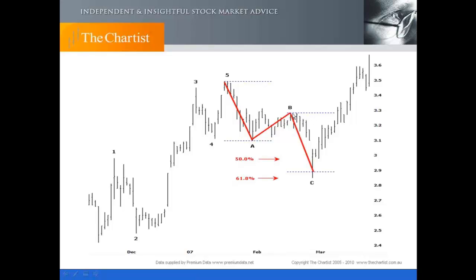Absolute cracker, perfect example, textbook zigzag pattern. We've got 5 waves up, wave A comes down, B, you can see 3 waves up to B, that's a 50% retracement, that blue line, and again we come down. Note as well that we've stopped almost in between the 50% and 61.8% area, and have a look, what do we have there?